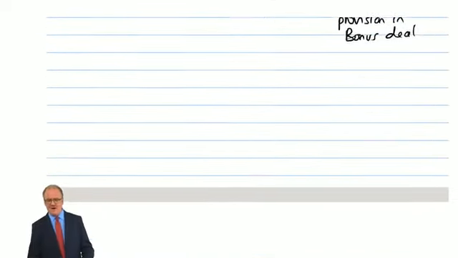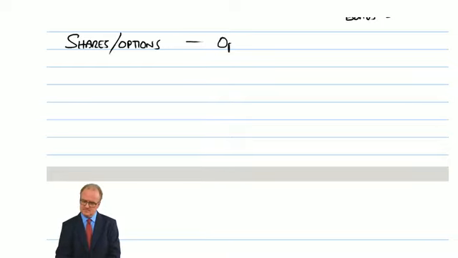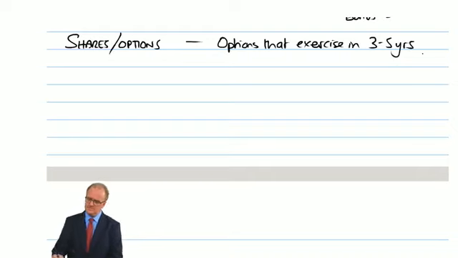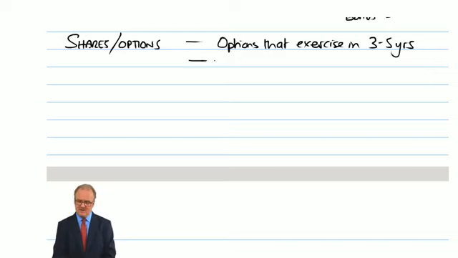And then the final element of director's pay is going to be shares or share options. So this might be share options that exercise in 3 to 5 years, or shares that you cannot sell for 3 to 5 years.